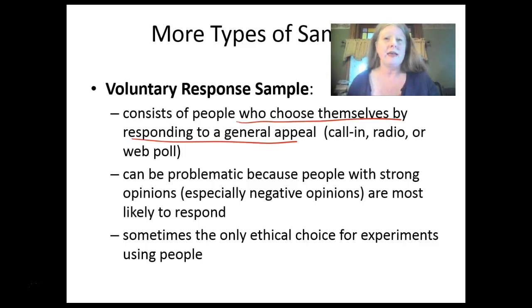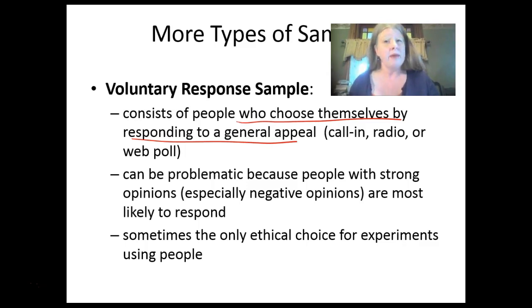Students who took the introductory psychology course had to take part in a certain number of experiments. That was part of their grade. So they were motivated to get a good grade by participating in experiments, and they would decide for themselves if they wanted to be in my experiment or not. So a lot of experiments do use voluntary response samples, and that's okay.